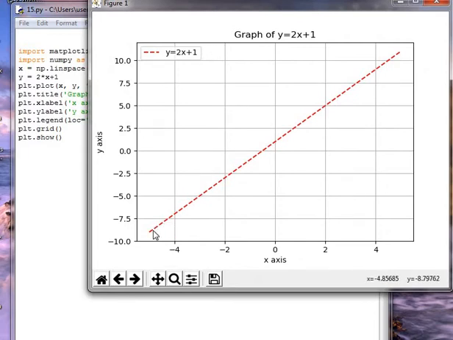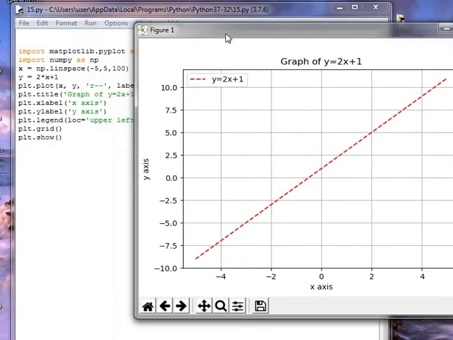This is our dashed line style with the red color. Also grid, line chart. This is our legend and the equation. This is the title, x-axis, and also y label, y-axis.